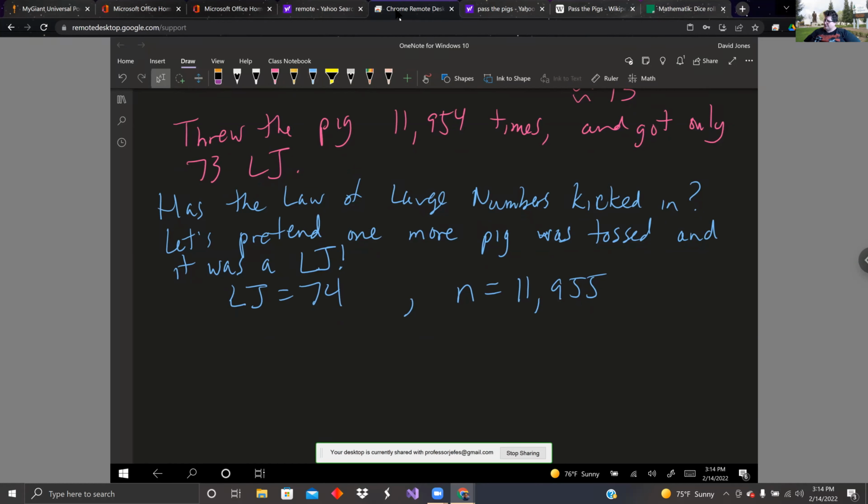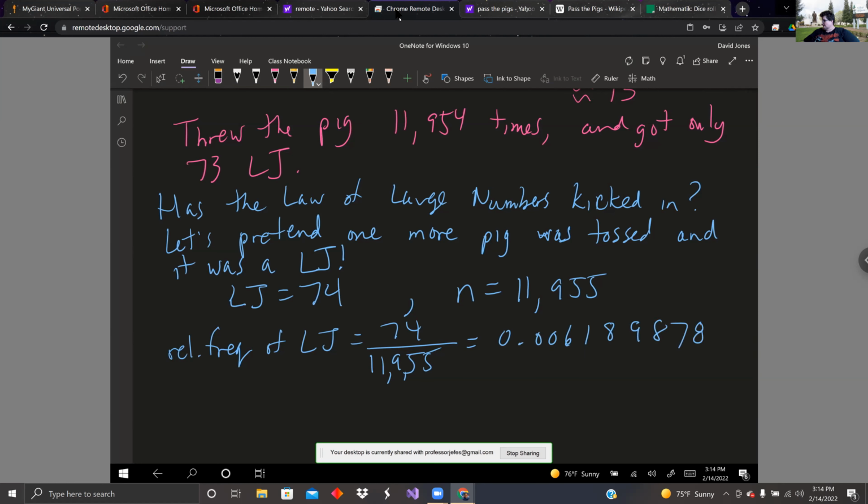Now, if I were to do the relative frequency again, I've got 74 divided by 11,955. That is 0.006189878. If I were to round it, I would say 0.0062. And so my percentage is 0.62%.